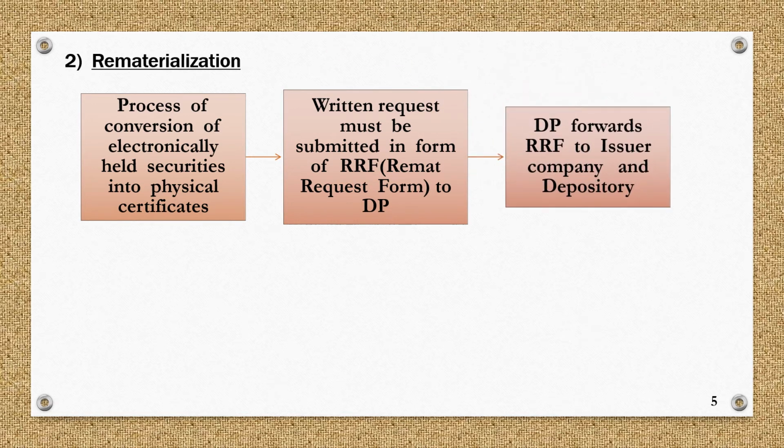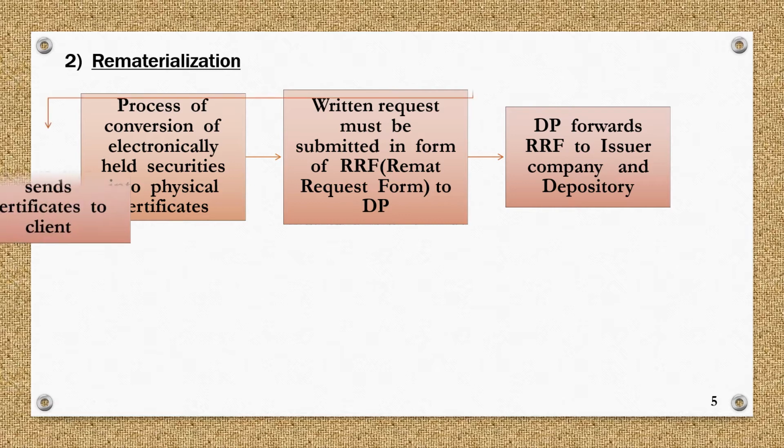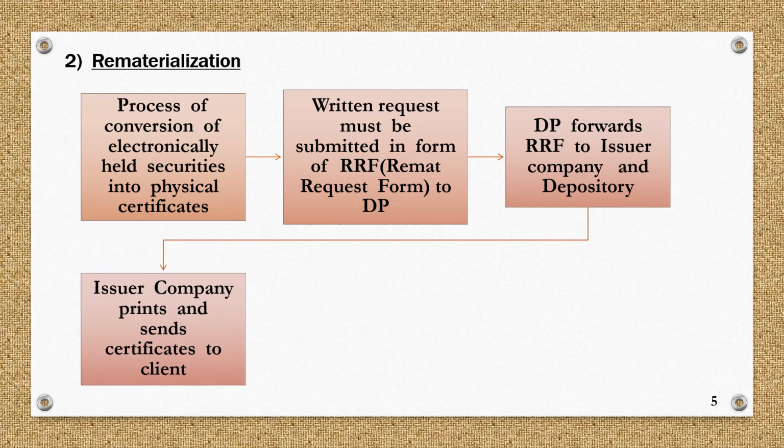After receiving the request from client, the depository participant forwards a copy of RRF to the issuer company as well as the depository under whom the issuer company is registered. Further, the issuer company, on receiving RRF from DP, begins with the process of printing the certificates and then sends the physical certificate to the client.